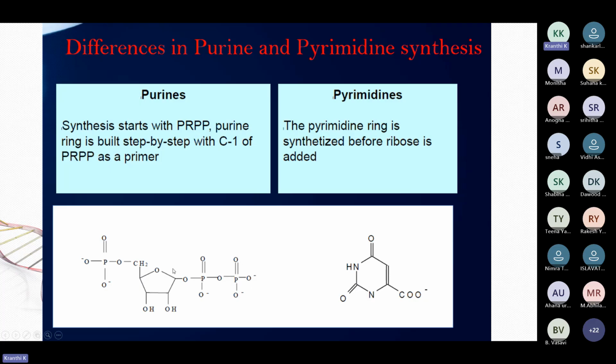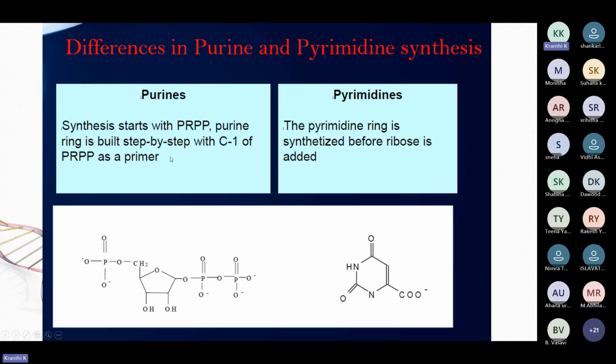Here already the carbon is there. Already the sugar is there, and it is already having the phosphate. So when it is synthesizing purines, what happens? Already there is a sugar. See, synthesis starts with PRPP.